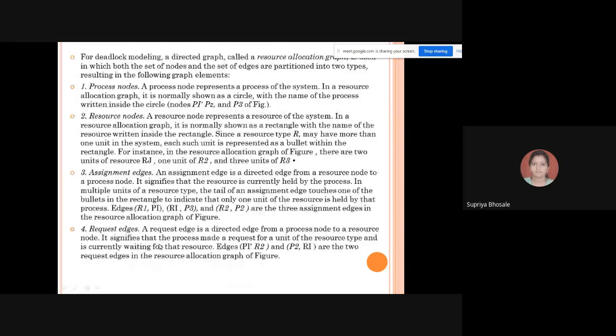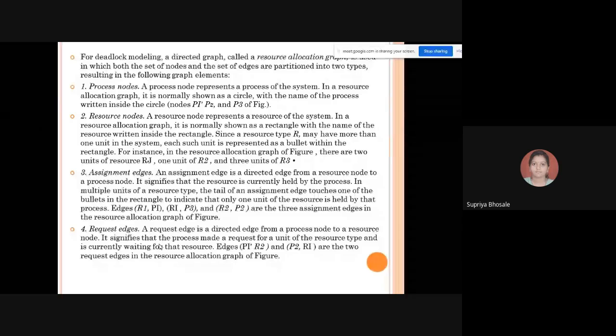Then assignment edges. An assignment edge is a directed edge from a resource node to a process node. It signifies that the resource is currently held by the process. For multiple units of a resource type, the tail of an assignment edge touches one of the bullets in the rectangle to indicate that only one unit of the resource is held by that particular process.